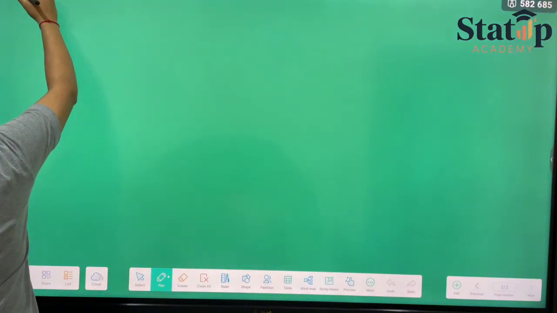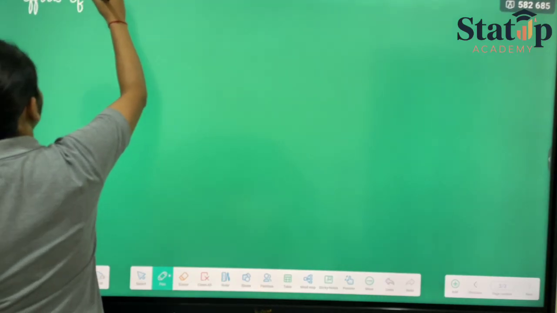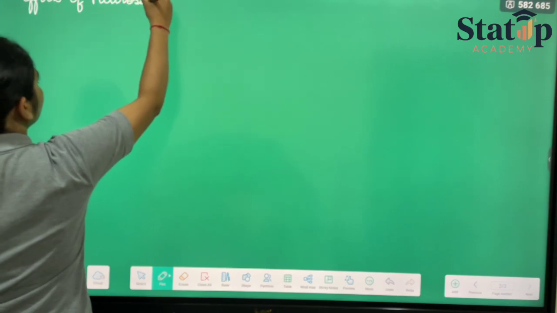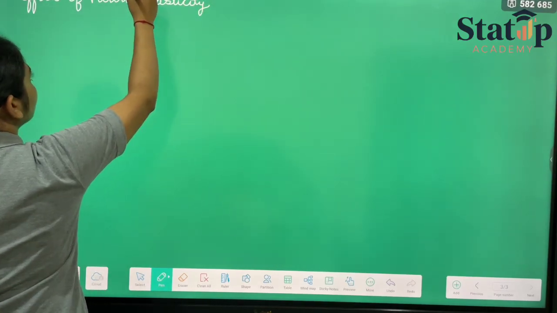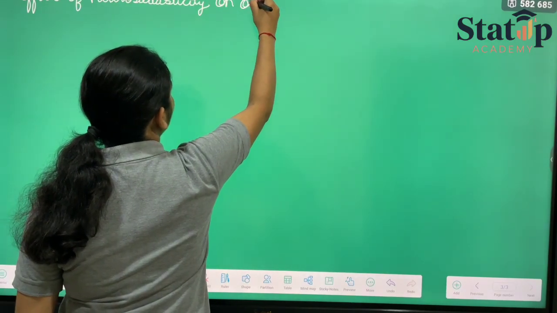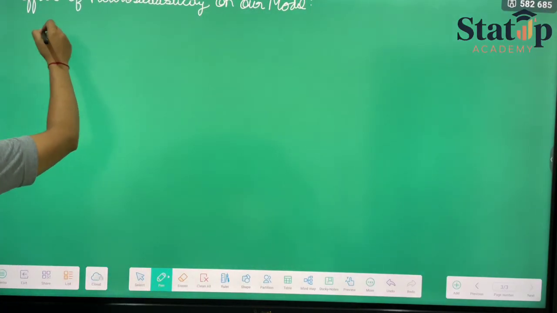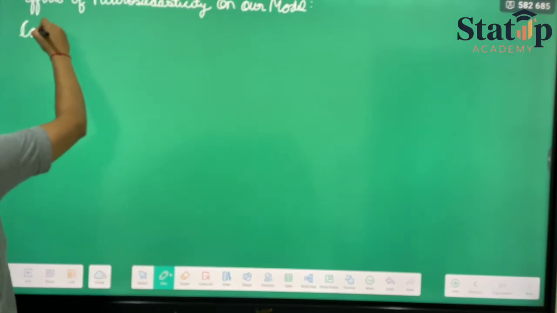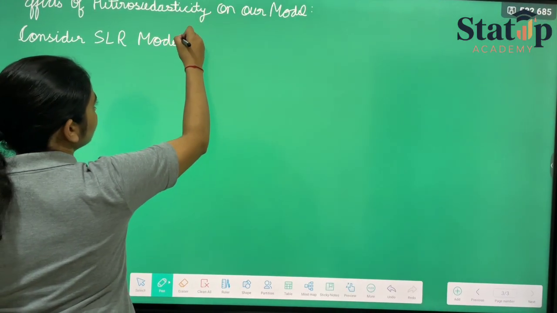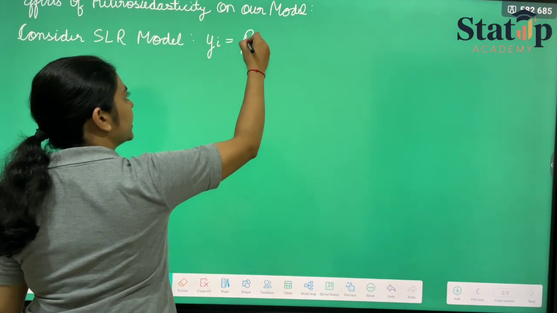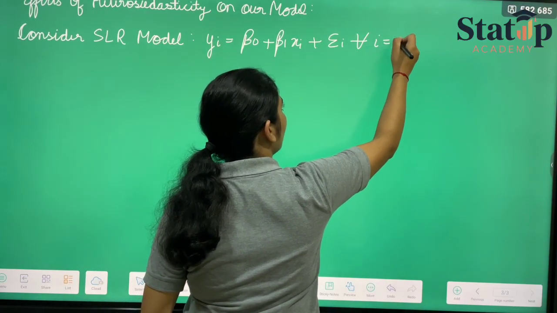So first, let us consider the SLR model, which is nothing but yi is equals to beta naught plus beta 1 xi plus epsilon i for all i goes from 1 to n.